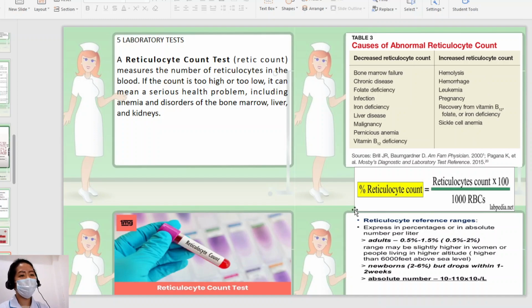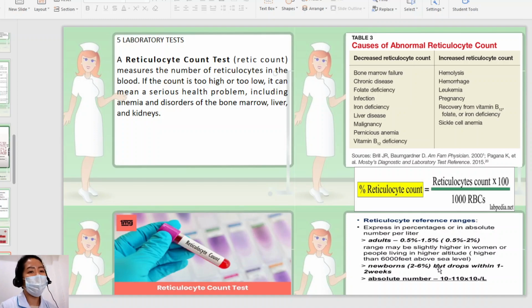So this is the formula. Percent retic count equals reticulocyte count times 100 over 1000 red blood cells. So the retic count for adult will range from 0.5% to 1.5% or 0.5% to 2%.